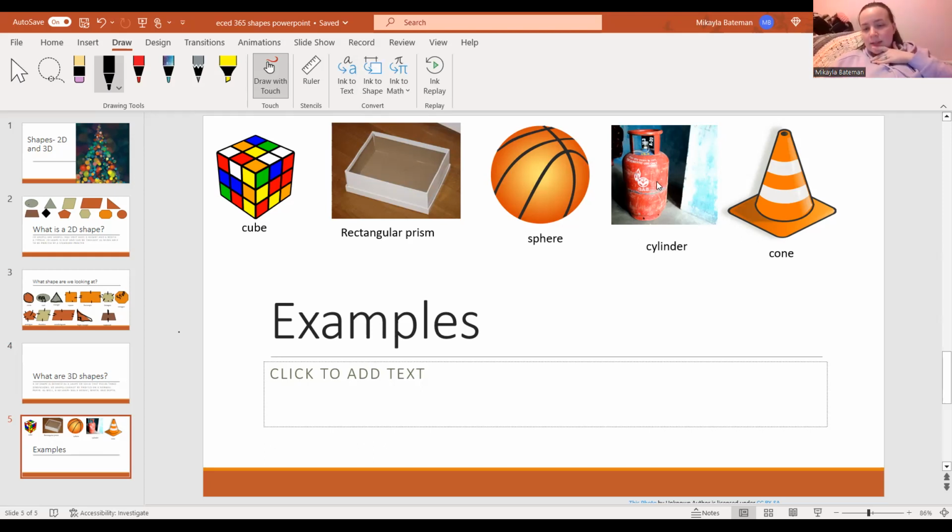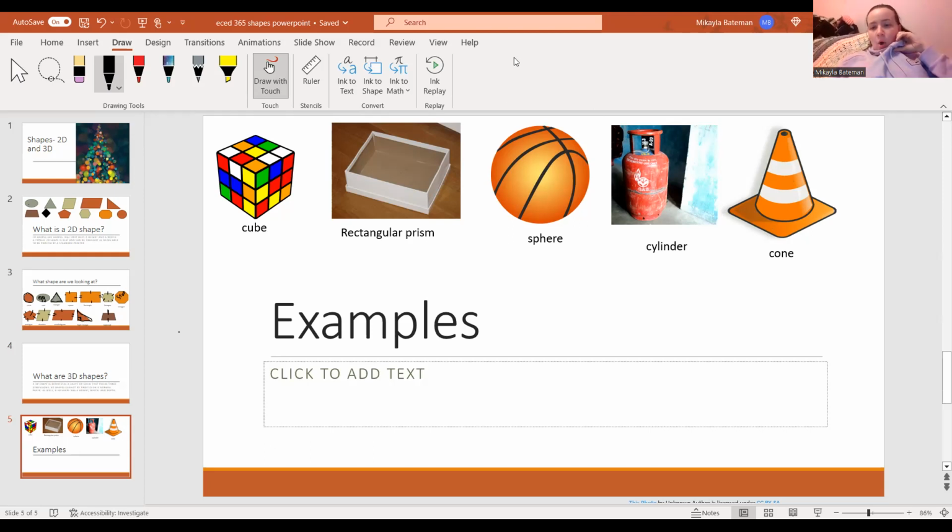An example is this balloon inflator, or you can think of a can of soup. And our last one we're going to go over is a cone, which tips or points at the end, but is flat on the other side. It would be flat if you took away this tip. Our example could be an ice cream cone or a chocolate cone.